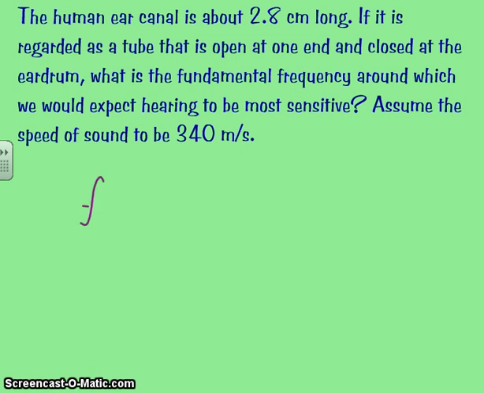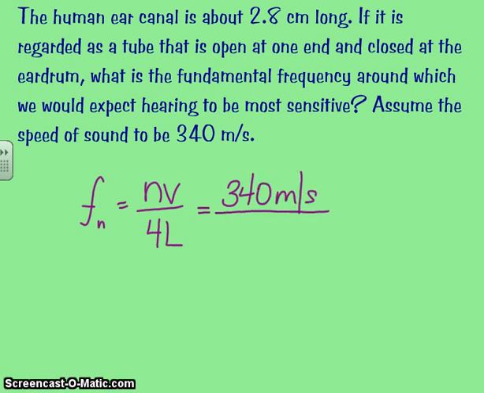Since we're dealing with a closed pipe, Fn is NV over 4L. N is 1, since we're dealing with the fundamental frequency. V, it told us, is 340 meters per second, divided by 4 times L. And here we need to convert from centimeters to meters.